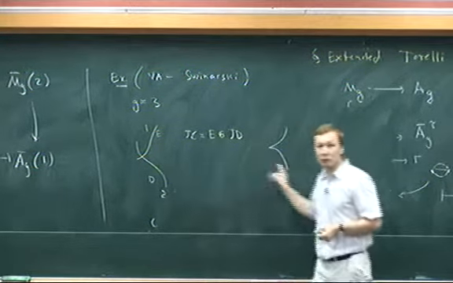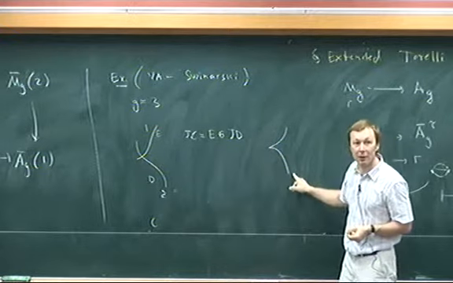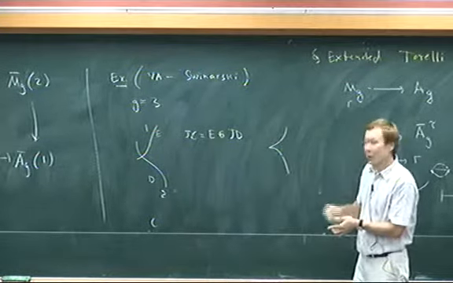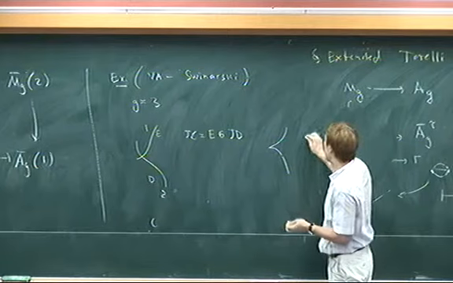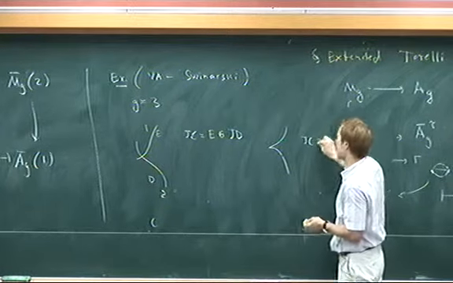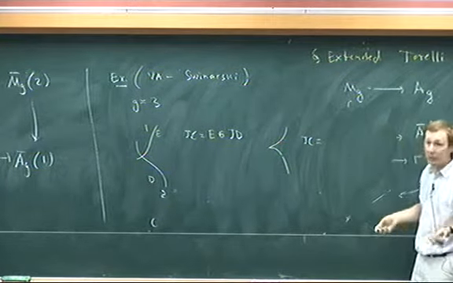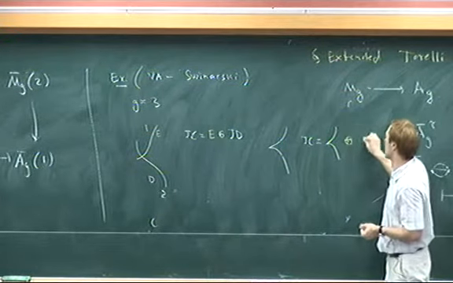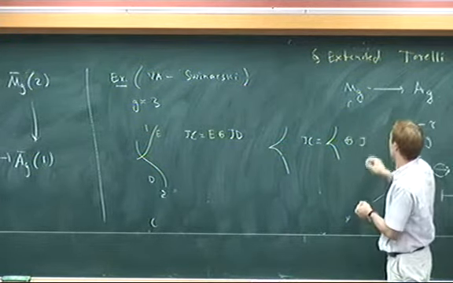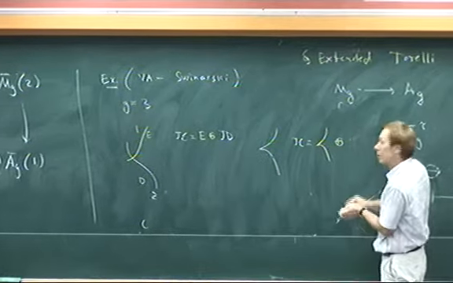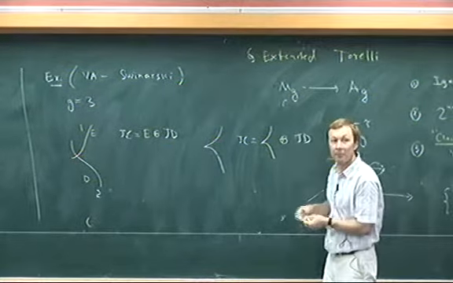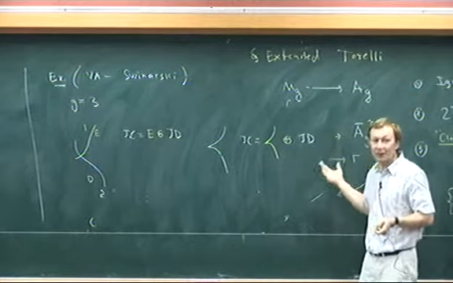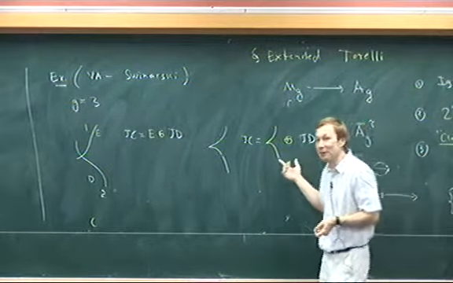Now, after we contract it and we get a cusp, what is the compactified Jacobian of this curve? Well, let me tell you. It's just this cuspidal curve plus the Jacobian of D. That's what the compactified Jacobian is.